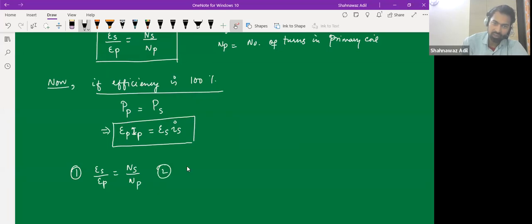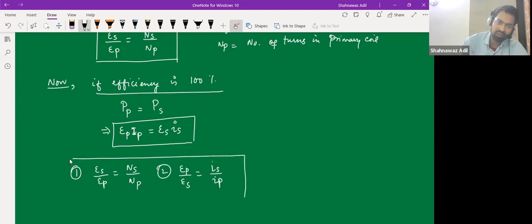And the second condition is EP by ES equal to IS by IP from here, right? So these are the two conditions that we have.